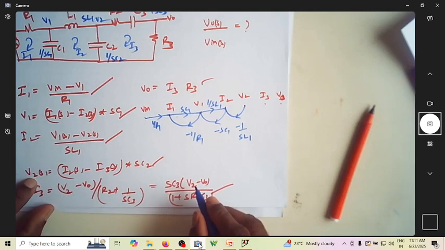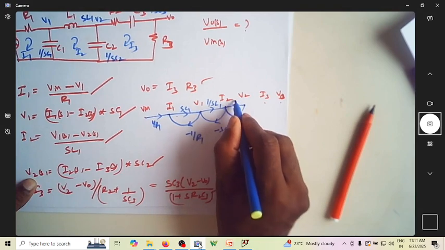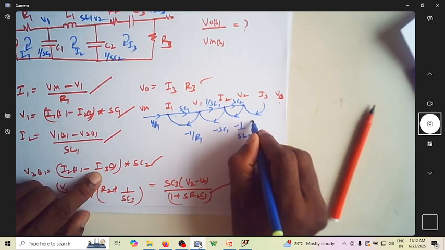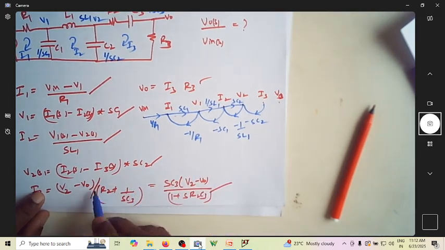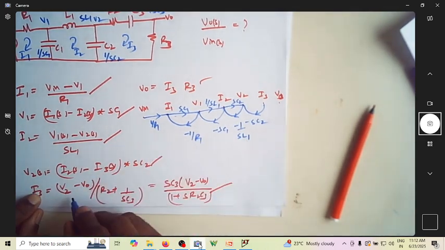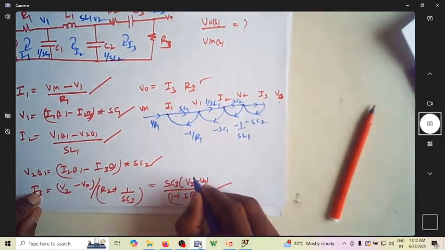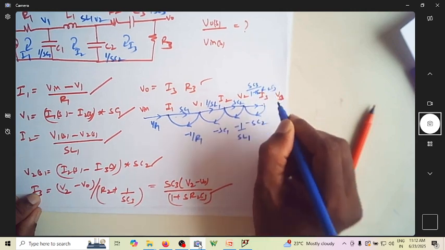And then what is V2? V2 is I2 into 1 over SC2, but it is minus I3 into 1 over SC2. What is I3? I3 is actually V2 into SC3 by 1 plus SR2 C3.